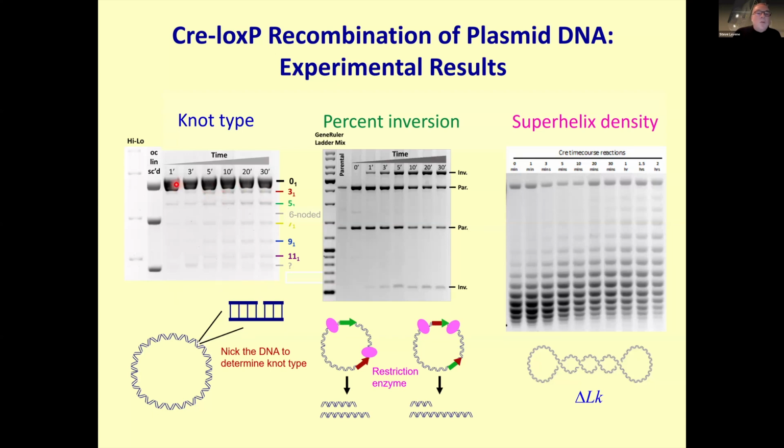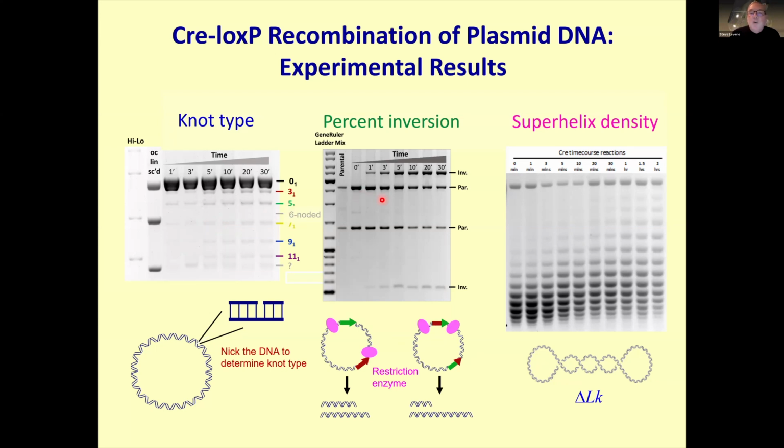One thing that's notable here is that a lot of the DNA corresponds to the unknot. And that is, I think, a signature of these systems having evolved to generate mostly unlinked products. But nevertheless, you can see different knotted forms here on the gel. And we actually quantitate the formation of these different knot types over the course of the experiment.